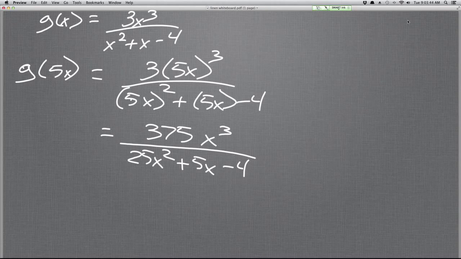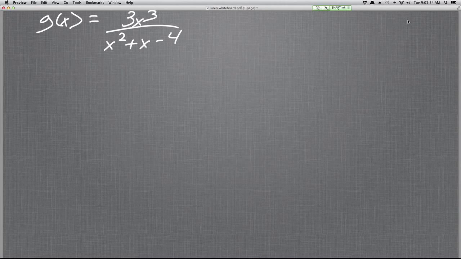All right, one more part. They want g of 8 minus 4b. What's that going to look like when I plug in?